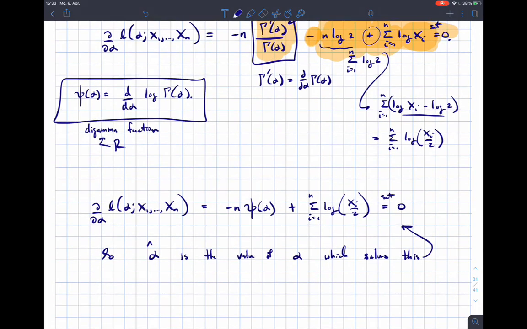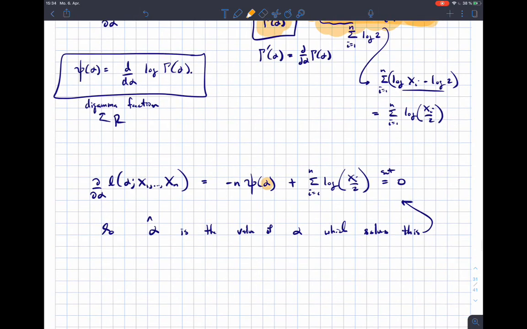So that's interesting. I have no way on paper to get alpha out of this digamma function. That means we're going to have to go to the computer and create this function and then search for the value of alpha which makes that function equal to 0. And that's going to be our maximum likelihood estimator.